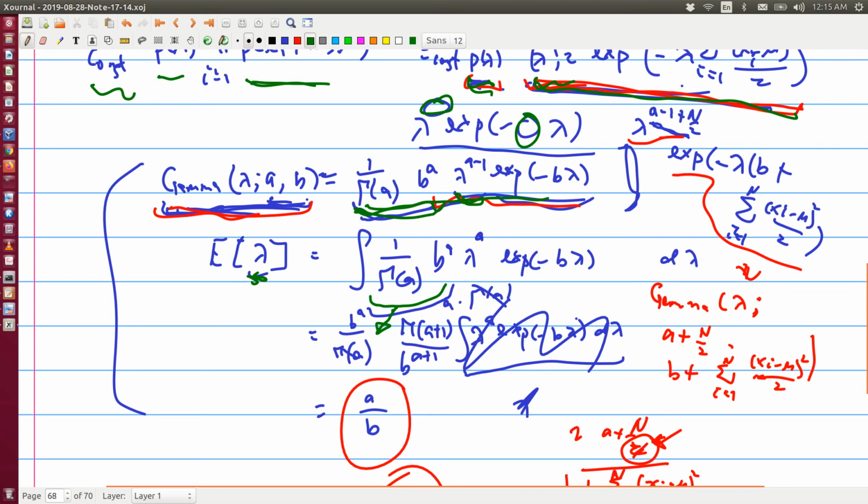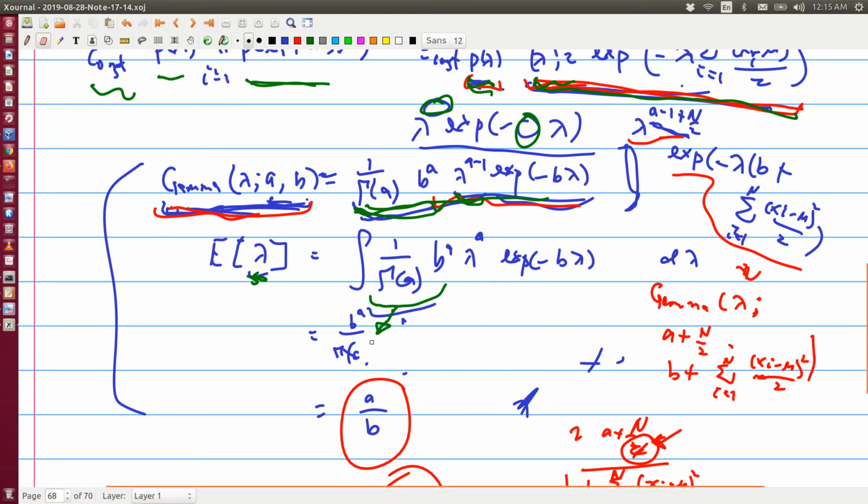If I erase this, we write this again. So I have b to the a pulled out, gamma a also pulled out here. Now I integrate over lambda to the a, exponential of minus b lambda, d lambda.